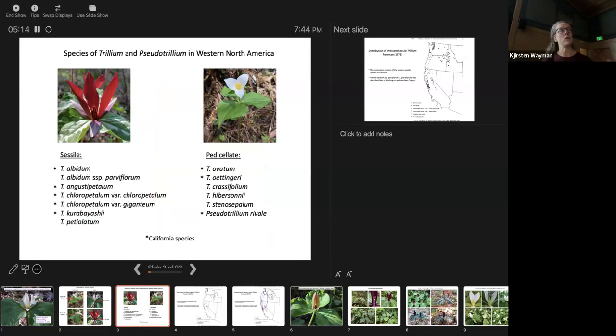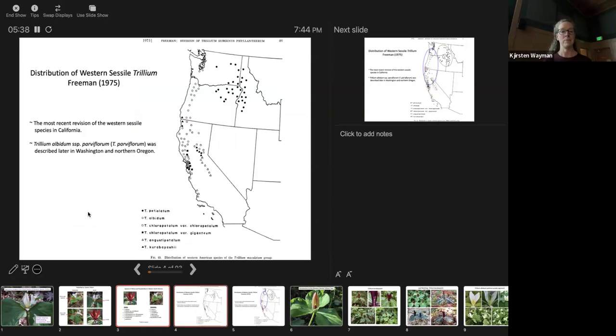And of those 7, we're only going to be focused on 6 of them. The last one listed there, Trillium petiolatum, is not part of this study, and I'll explain why in a short bit. So the rest: Trillium albidum and its subspecies parviflorum, Trillium angustipetalum, Trillium chloropetalum and its 2 varieties, chloropetalum and giganteum, and then also Trillium kurabayashii. Those are going to be the focus of the study here.